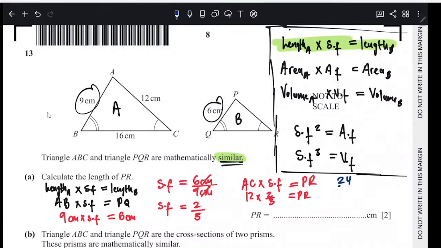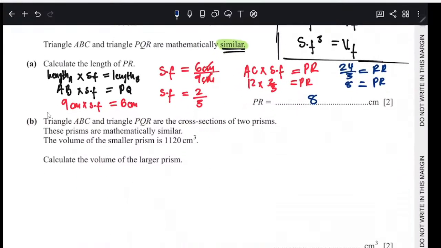That's 24 over 3 is equal to PR. 8 is equal to PR. So you can put your 8 centimeters and you're done. Can you see this? Because we picked the length on A, which is AC. We multiply by scale factor, we should get the length on B, which is PR.